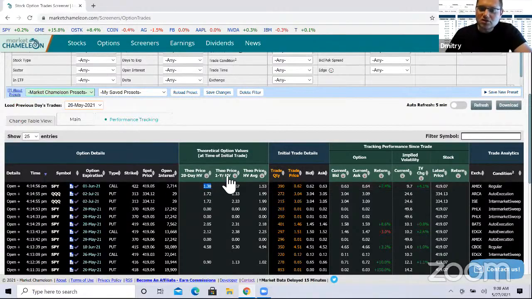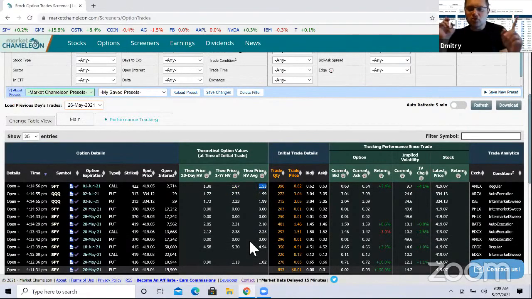If we use the 1-year historical volatility in SPY, then based on the 1-year volatility, this option would be worth $1.67. And if we used a mix of the 20-day and 1-year, basically the average of 20-day volatility and 1-year volatility, this option would be worth $1.53.